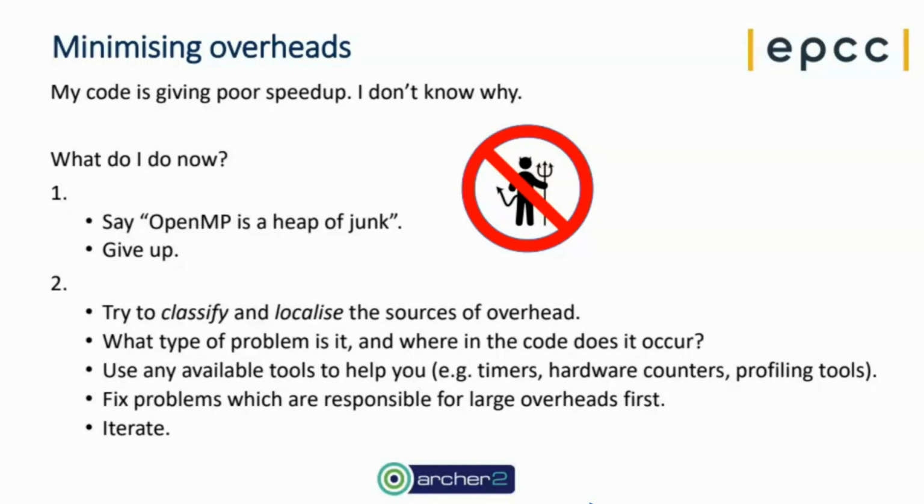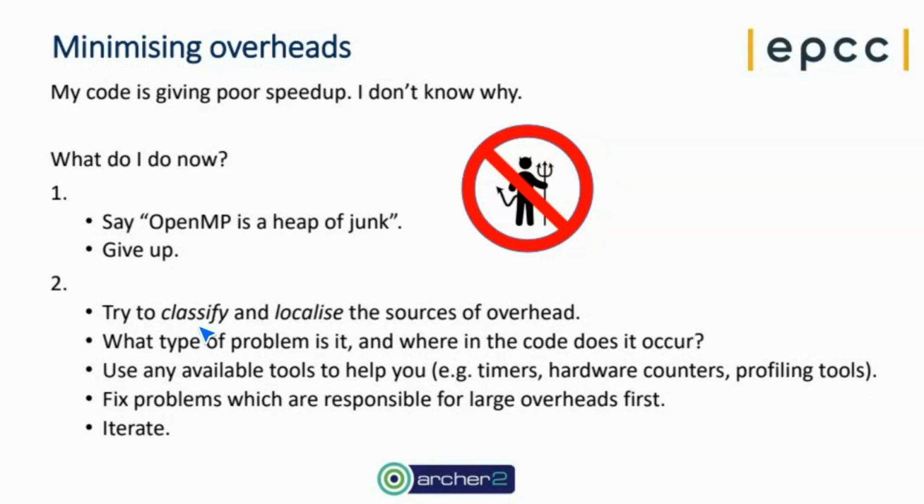Okay, so what can we do about this in a process context? What do you do if your code's giving you poor speed up? I guess most of you are quite experienced developers, and you know perfectly well what to do. But the way I like to think about it is, to make progress we need to try and classify and localize the sources of overheads. In other words, which of those problems that I've mentioned is the problem, and where is it happening in the code?